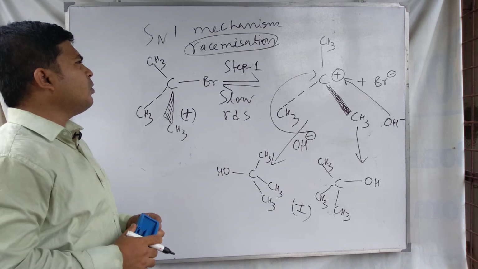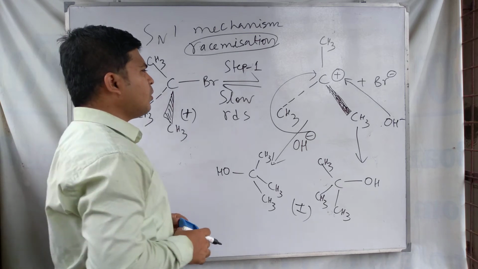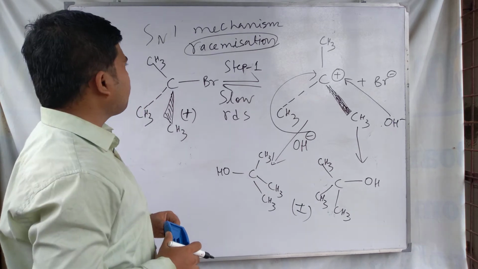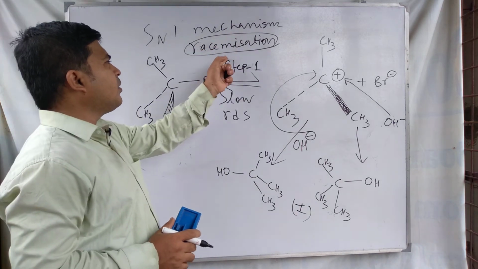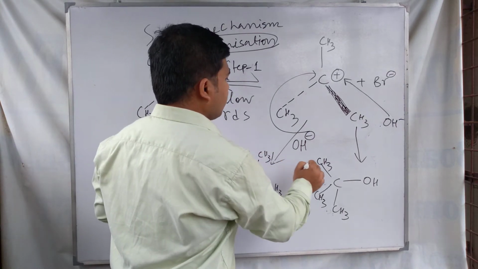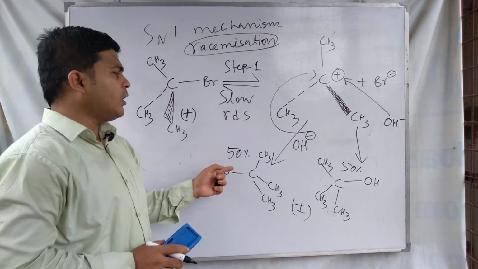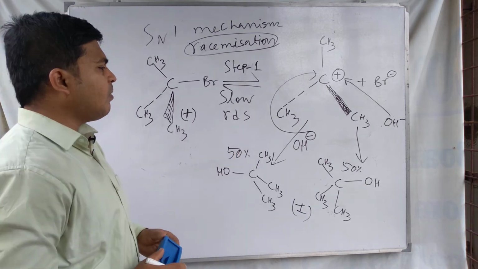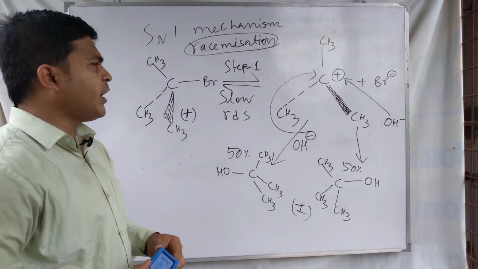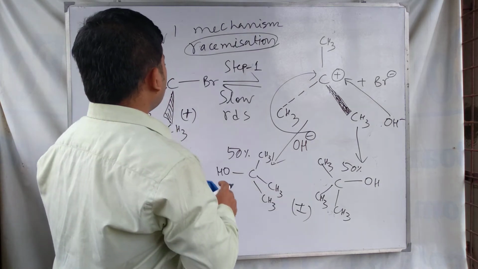In SN2 mechanism it was forming an inversion of configuration, and in the SN1 mechanism it is forming a racemic mixture where you can find this product 50% and this product 50%, means a 1:1 mixture of the plus and minus products is formed. For this reason, in this mechanism racemization takes place, and we can find a racemic mixture from the SN1 mechanism.